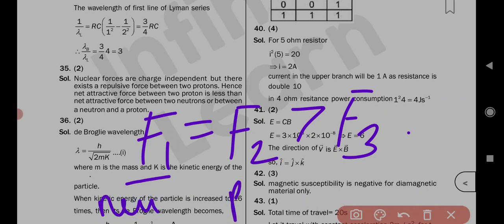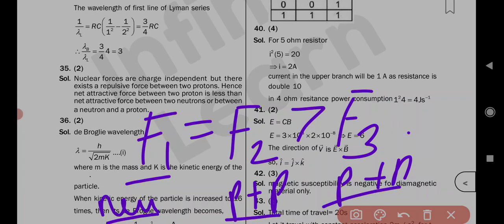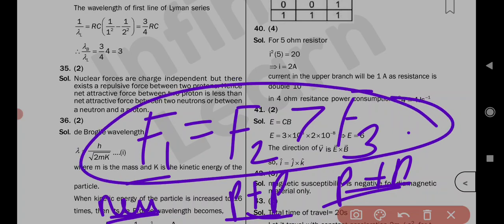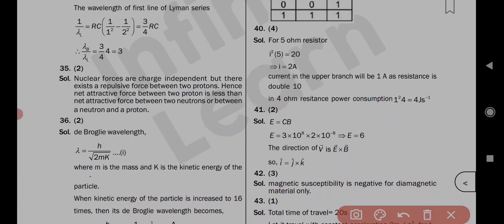F2 is the force between proton and proton. F3 is between proton and neutron. Neutron and neutron have the same force, but proton and proton will repel, while proton and neutron will attract. So this is the answer. The option they gave is wrong, but the explanation is correct: nuclear forces are charge independent, but there exists a repulsive force between two protons. Hence, the net attractive force between two protons is less than between two neutrons or between a proton and a neutron.